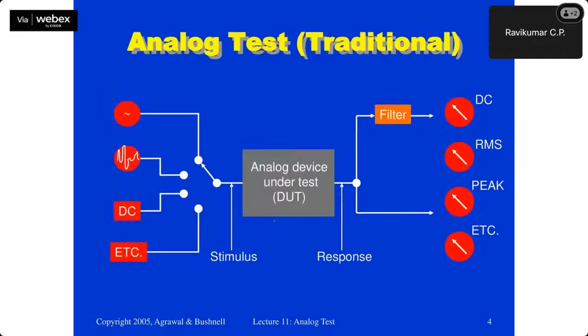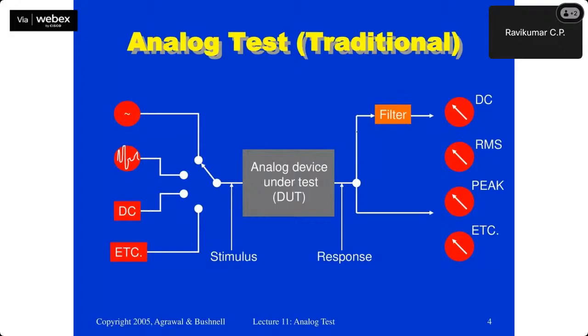So the traditional way of testing analog ICs or analog circuits is to apply lots of different waveforms. These may be from signal generators. It may be a DC signal or a sinusoidal signal or some noisy signal, etc. And we should be able to select one of these. And the output of the analog device, right?